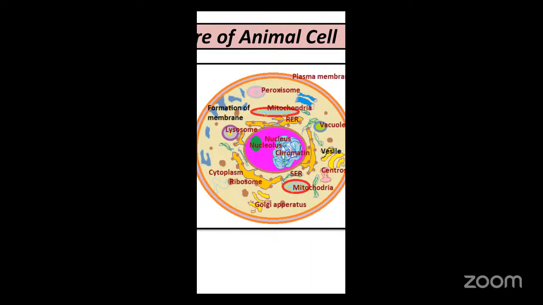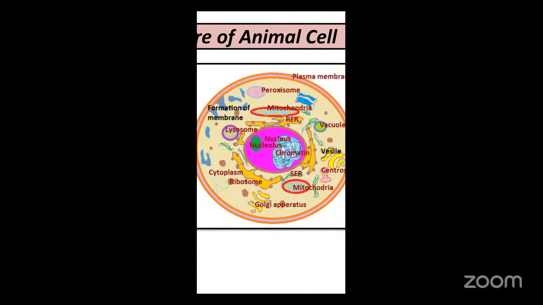This light colored structure is the cytoplasm, and this purplish pink in the center is the nucleus. Now, if you observe the cytoplasm, you have different organelles, like the peroxisome, and this is the mitochondria. Along with the mitochondria, you have the RER, that is rough endoplasmic reticulum. Then you have the vacuoles, this is the lysosome, and then you have the ribosomes. This is all cytoplasm. That's why I told you, this is the ribosome.